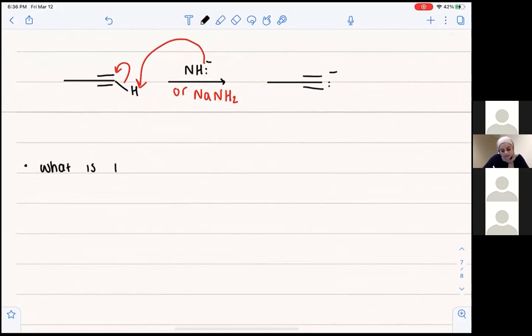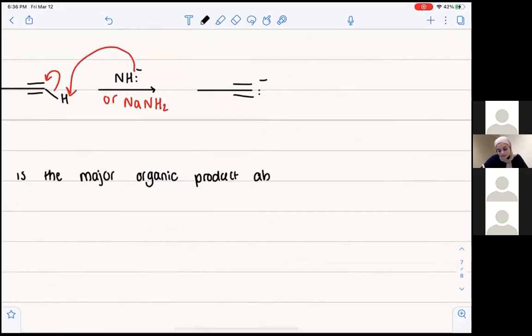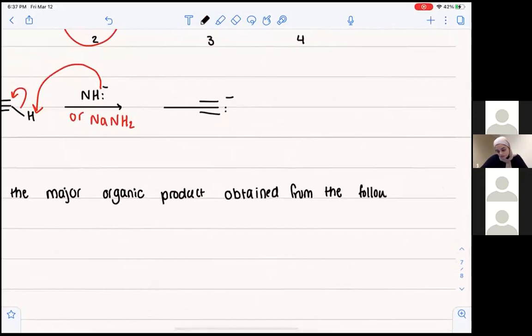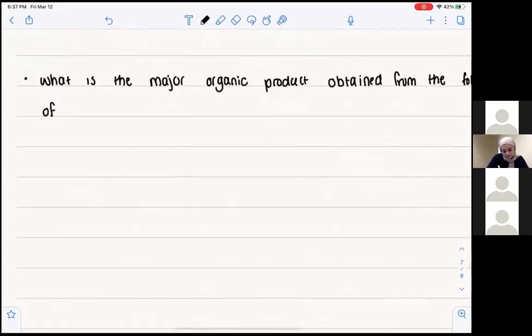What is the major organic product obtained from the following series of reactions? Then we have this with NaNH2.